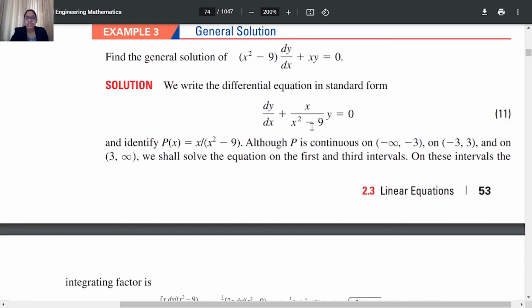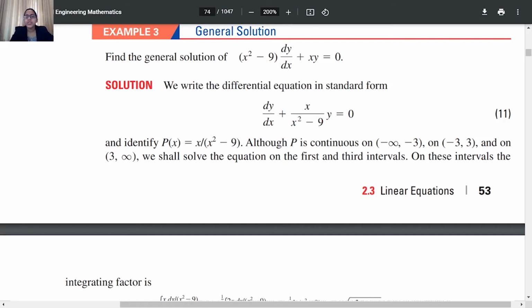So here when x is 3 or minus 3, what do we get? The function is discontinuous. So we will be dealing with the solution only in the interval between 3 and minus 3. Okay, which does not involve these values.